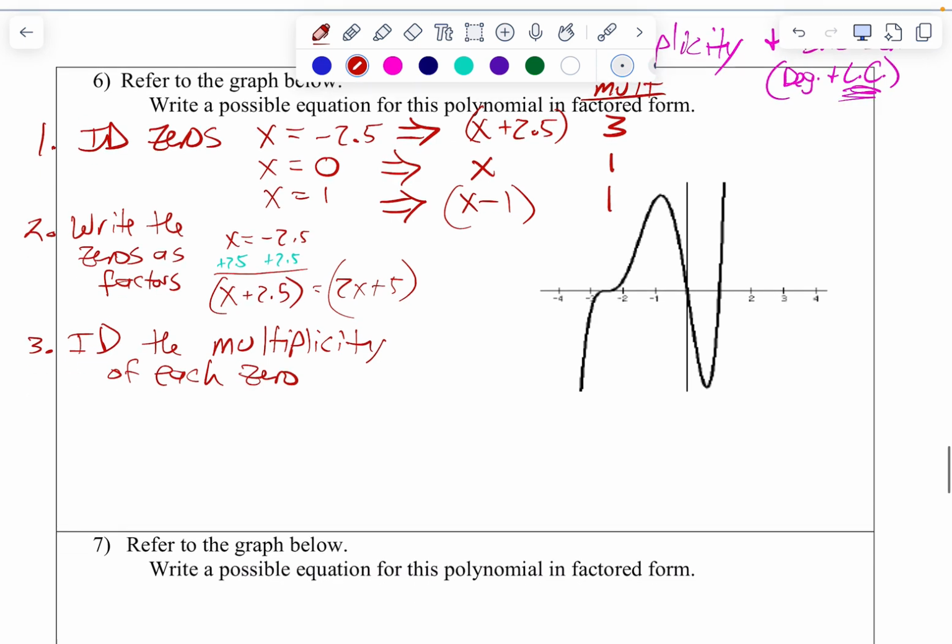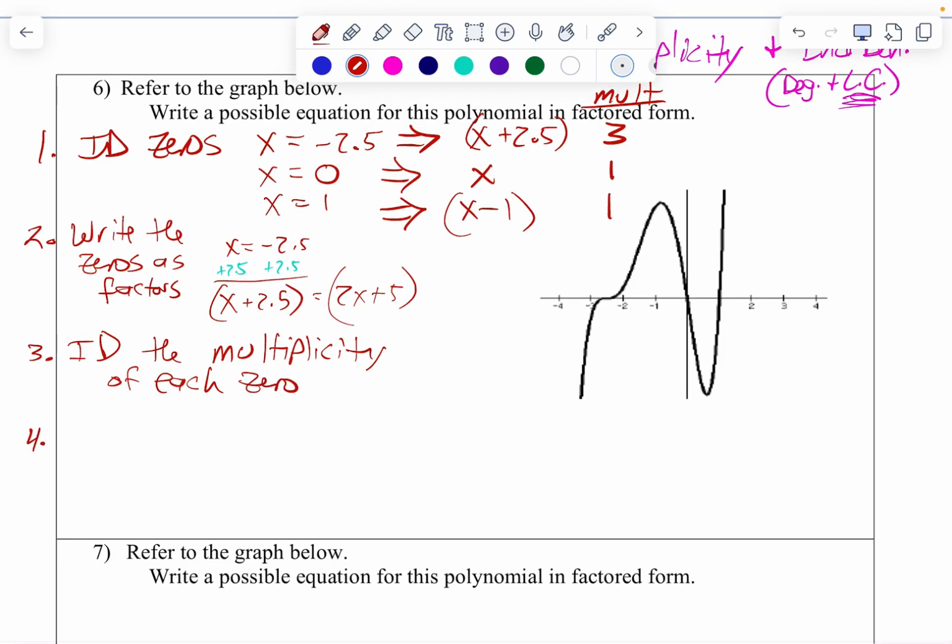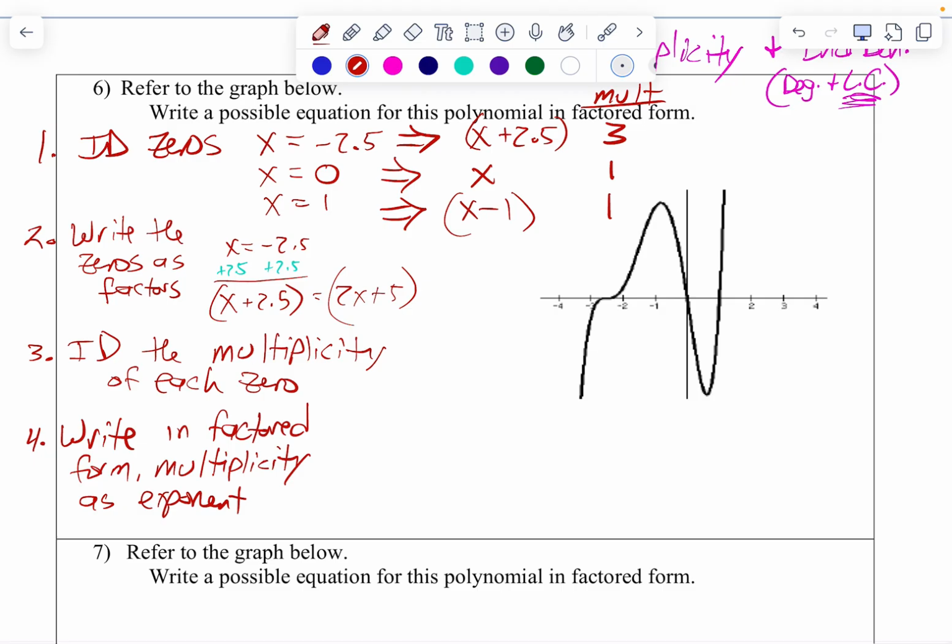Okay, and so your last step is just to write it out in factored form with the multiplicity as an exponent. So we'll call this f of x. It has to have a function name.